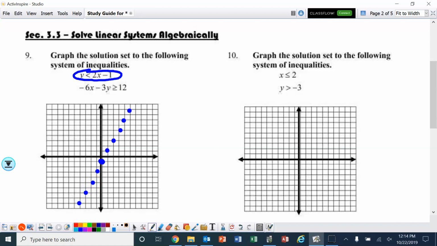All right, so what type of line is this? Okay, looking at the inequality, it will be a dashed line. All right, so I'm just going to connect every other dot to represent my dashed.